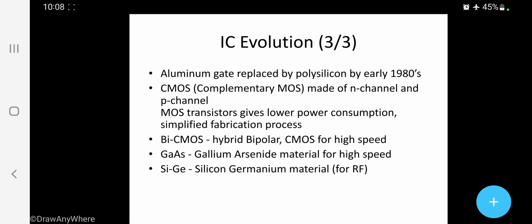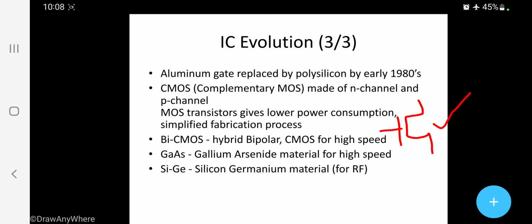In this IC evolution, earlier the gates used to be implemented only using NMOS transistors. This is the symbol of NMOS. Using only NMOS transistors, gates used to be designed.